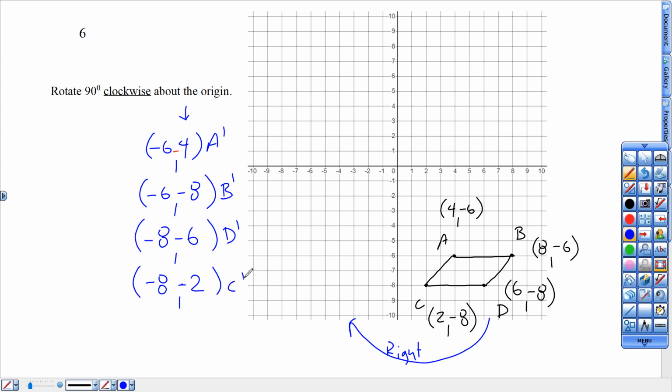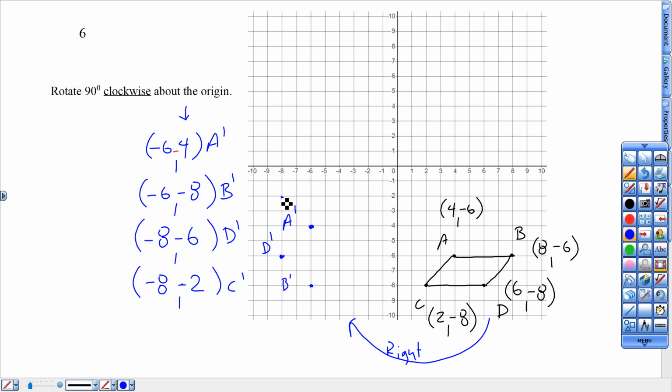So left 6, down 4. That's where A prime goes. Left 6, down 8. That's where B prime goes. Left 8, down 6. That's where D prime goes. And then left 6, down 8. Did that one. Left 8, down 2. Here's my last one right there.